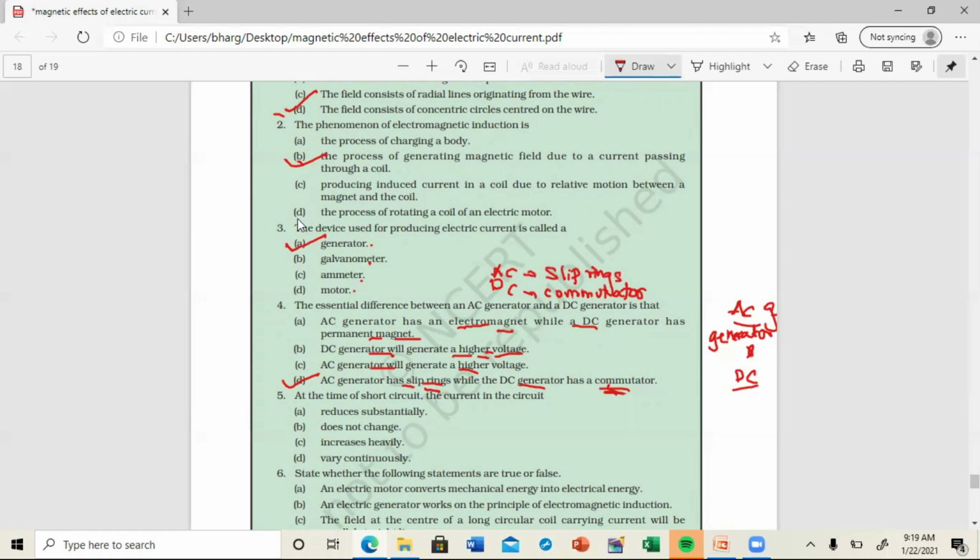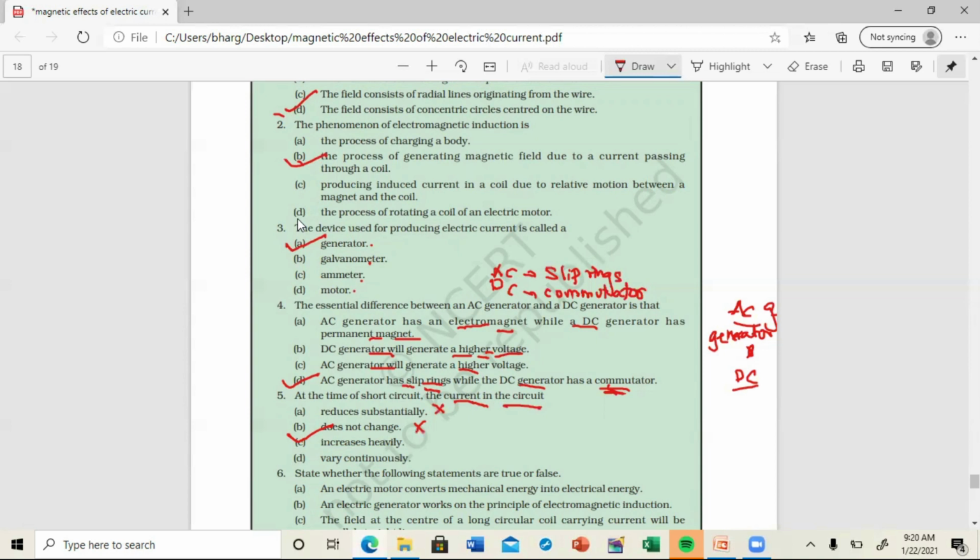Fourth. The fourth question is, what is the essential difference between AC generator and DC generator? A, AC generator has an electromagnet while DC generator has a permanent magnet. Not correct.